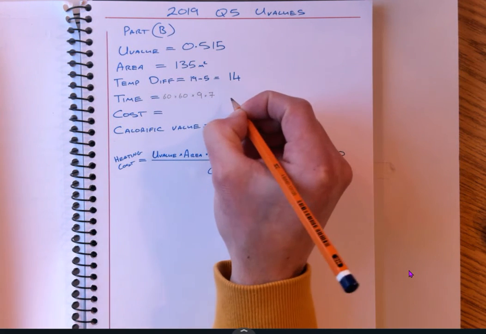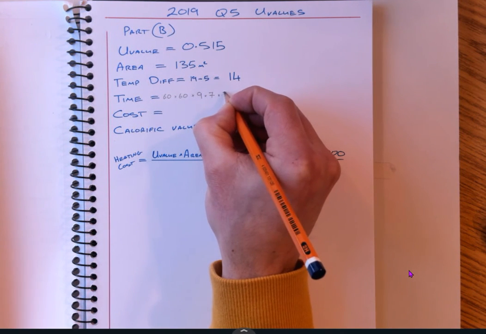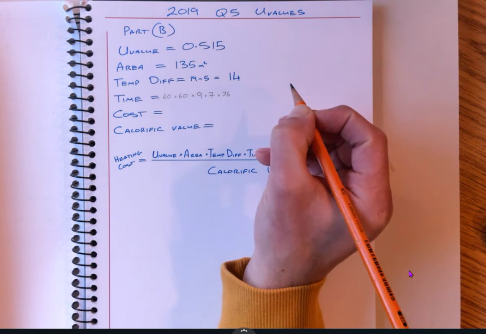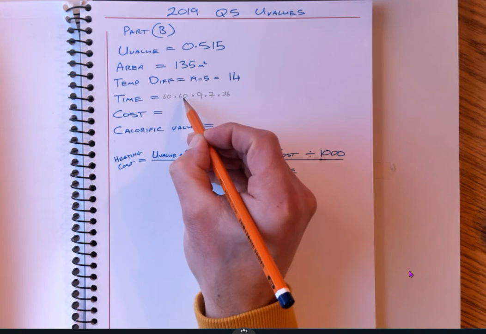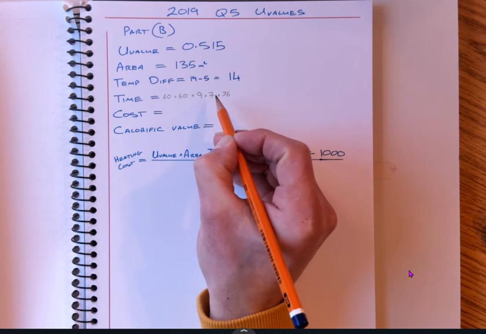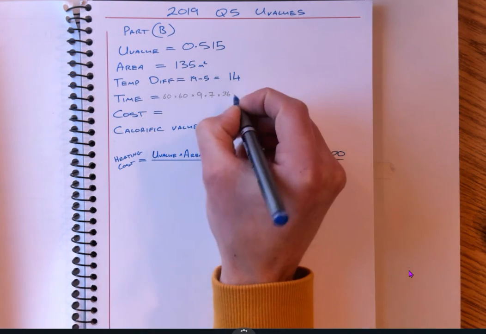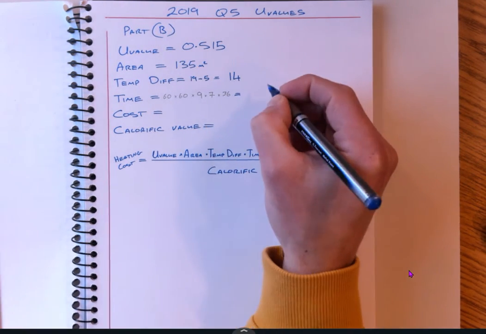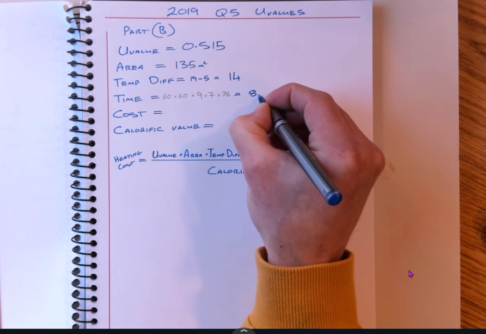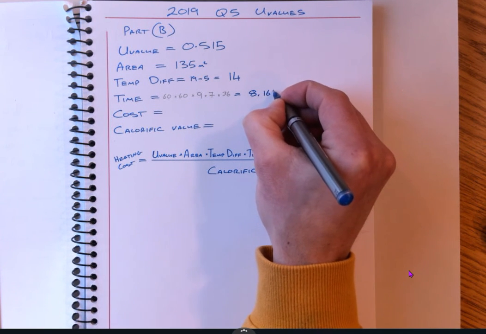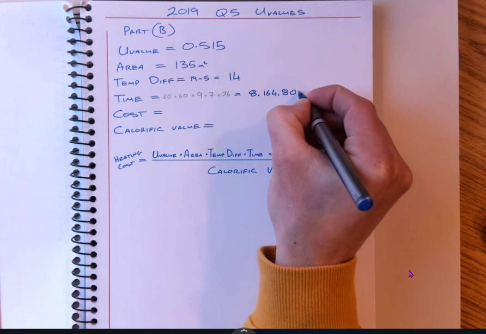It's going to be on every day, and it's going to be on for 36 weeks a year. So 60 seconds, 60 minutes, 9 hours a day, 7 days a week, 36 weeks a year. We multiply that out and it comes in at 8,164,800 seconds.